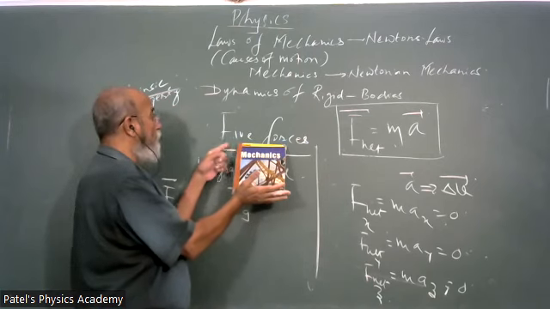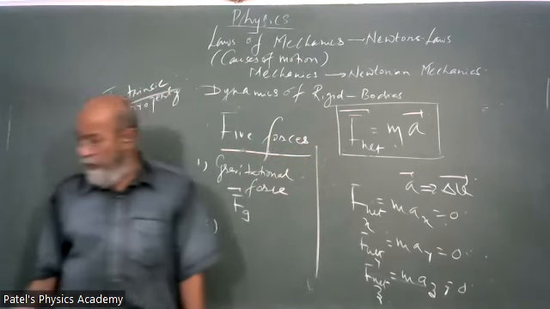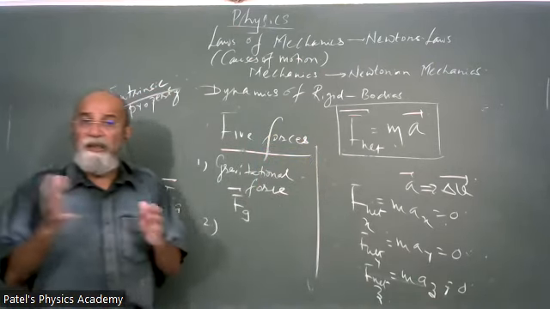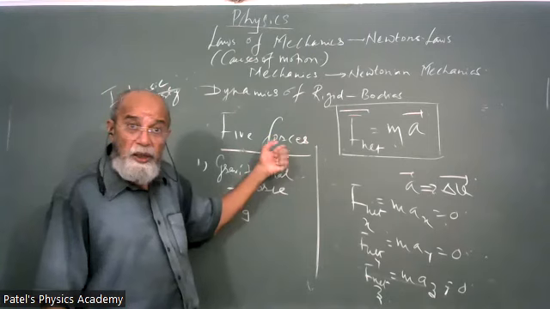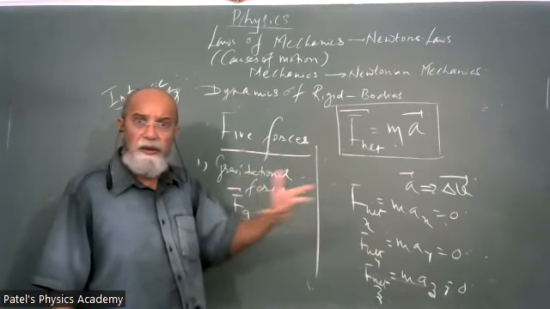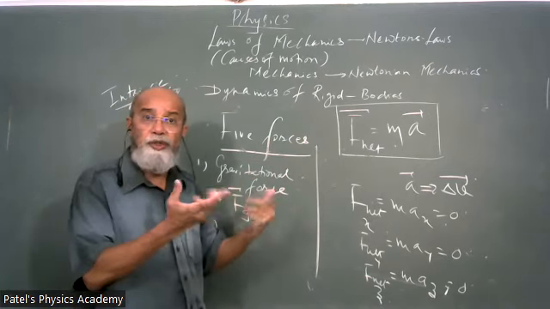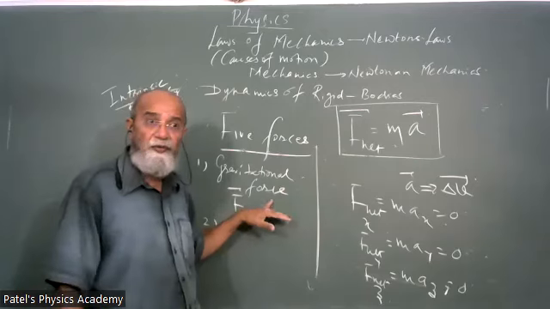That means this book is interacting with the blackboard. When 2 objects start interacting, physically they interact by touching each other, or they interact from a distance because of certain forces, like one of them being the gravitational force, right?